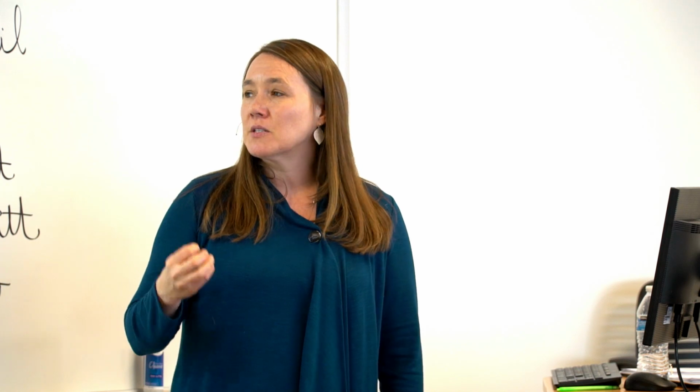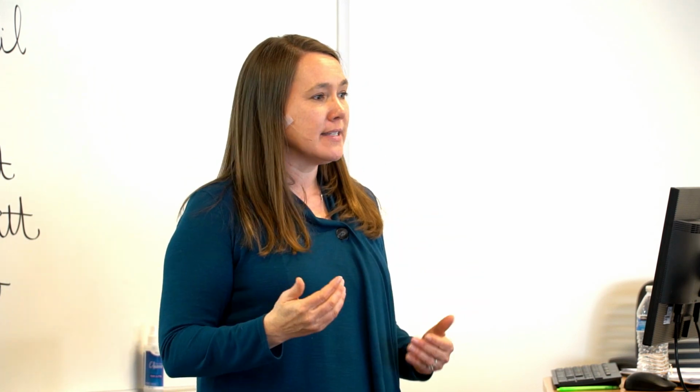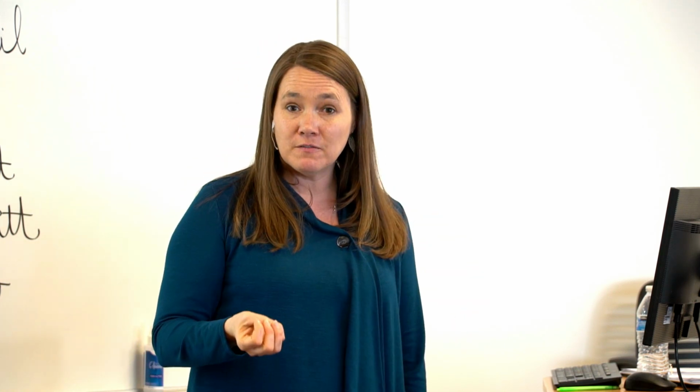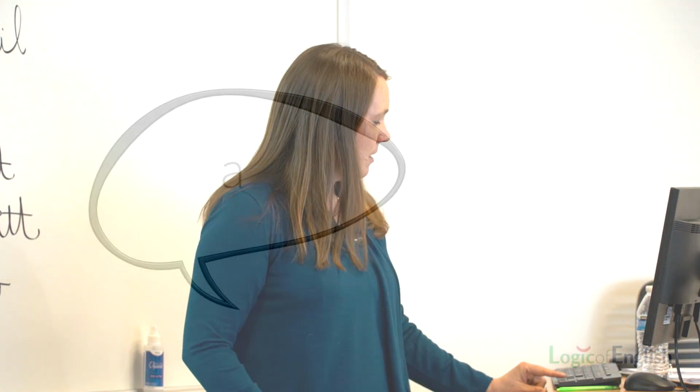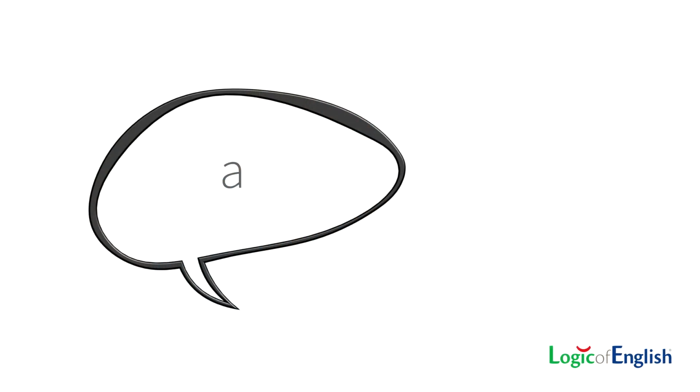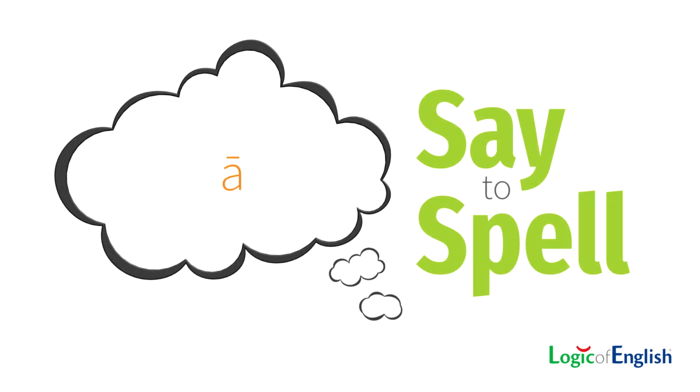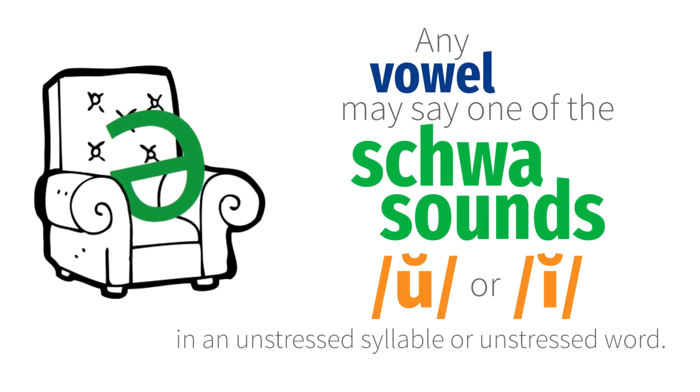And so we already kind of do this without realizing that we articulate vowels clearly when we stress them. So this little word a is a schwa sound, right? It says "uh." But what will we say to spell a? A.